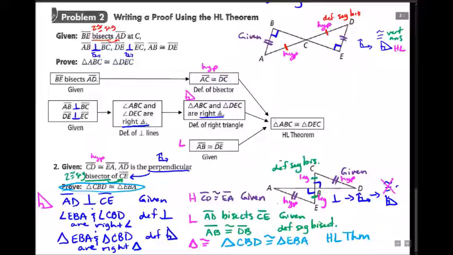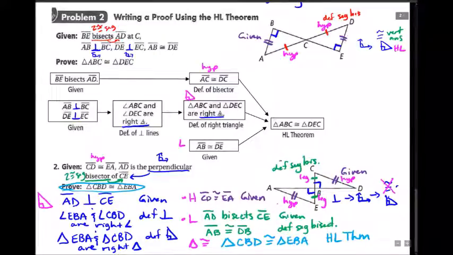So that doesn't work for any of our others. But luckily, right triangles, if I have hypotenuse and leg, I can use the HL theorem. So I see that I have that, so I'm going to break this down. What are our three requirements? We need a right triangle, we need a hypotenuse, and we need a leg, and then we can make our triangles congruent. So the first thing I'm going to do is work on making them right triangles.